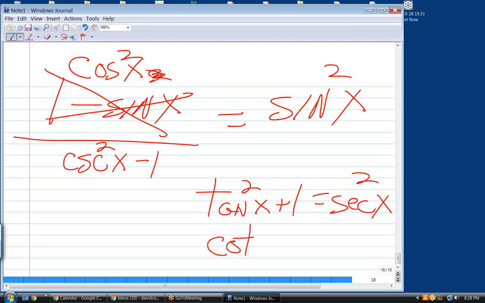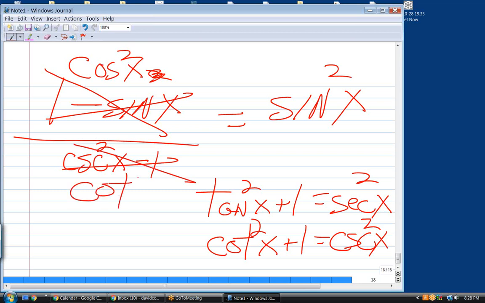Cotangent. And what's the cofunction of secant? Cosecant. So there's the third identity. So what's cosecant squared x minus 1 equal to? It would be equal to cotangent squared, so I'll cross that off and replace it with cotangent squared.